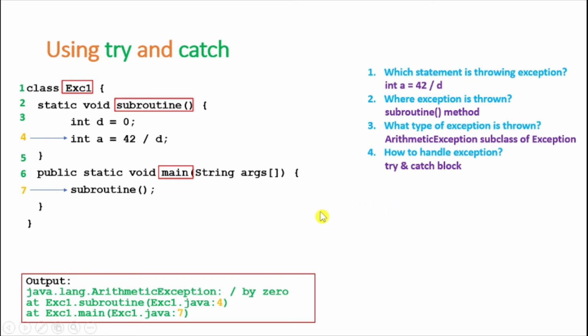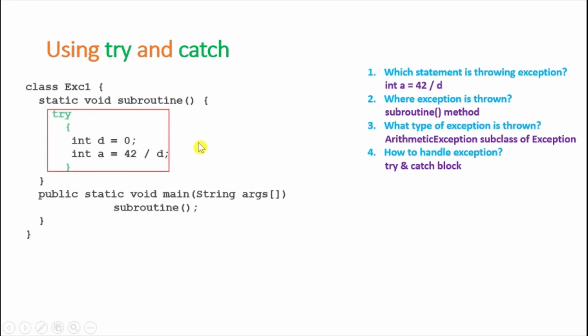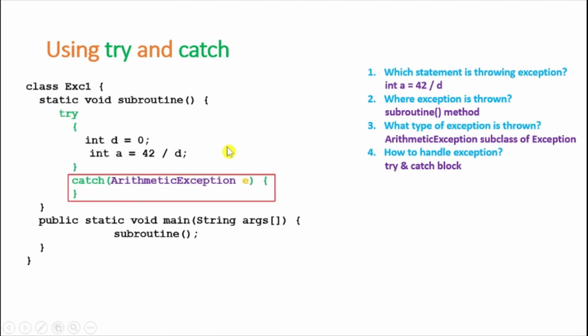Right? Now, let me place the statements int d equal to 0, int a equal to 42 divided by d inside the try block. And for this try block, we write the corresponding catch block which catches the exception that is thrown from the try block, that is arithmetic exception.